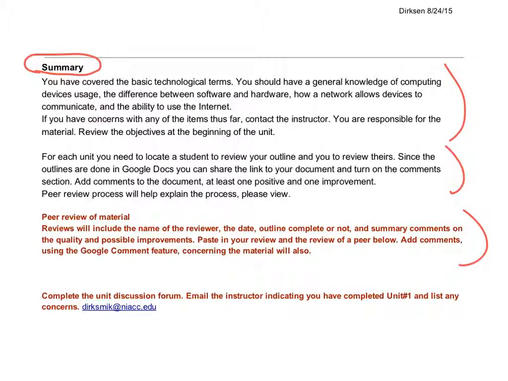Then there's a brief discussion form, which is discussed in another place in terms of your outline, and you'll fill that in, then drop me an email so I know you filled it in and I can go look at it. That is it for Unit 1. During some of the weekly summaries, I will summarize some of the items from the outline. That's it.